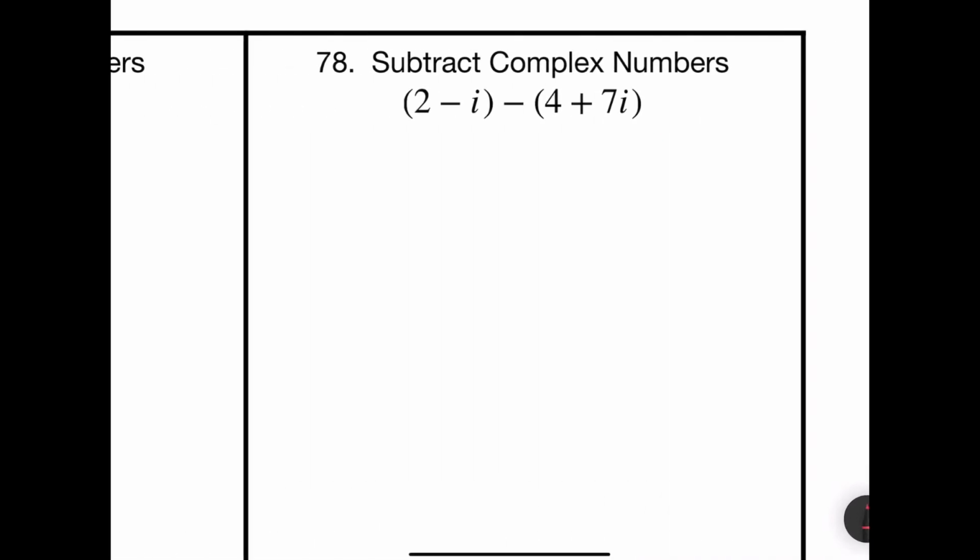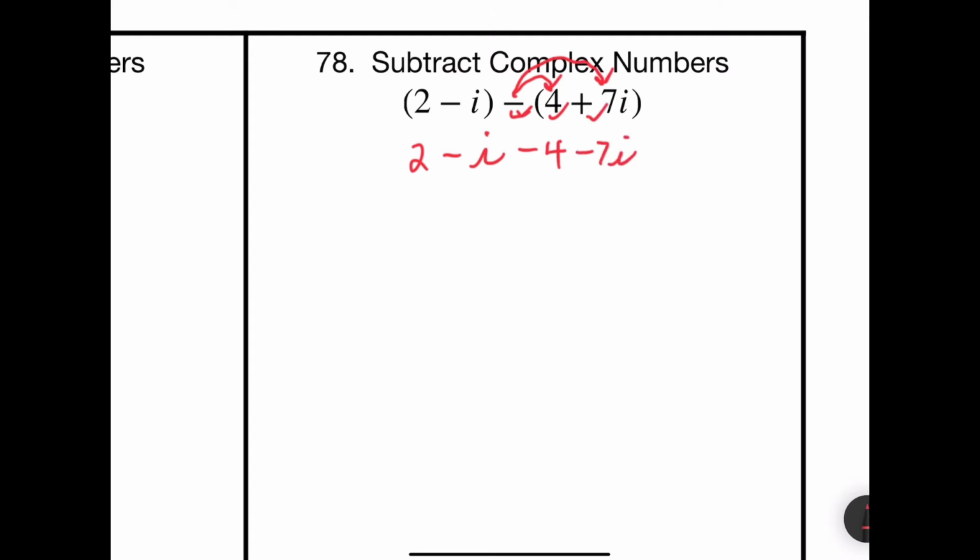Problem number 78 is subtracting complex numbers. It says (2 minus i) minus (4 plus 7i). So I have an additional step. I will have to distribute the negative sign to the second set of parentheses or find the opposite of the numbers in the second set of parentheses. So I would get 2 minus i. The opposite of positive 4 is negative 4, and the opposite of positive 7i is negative 7i.